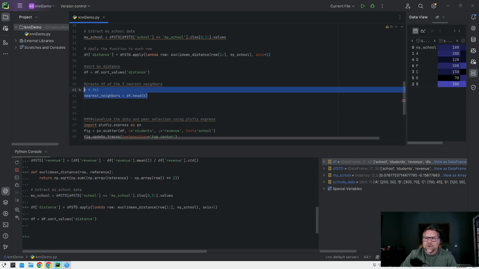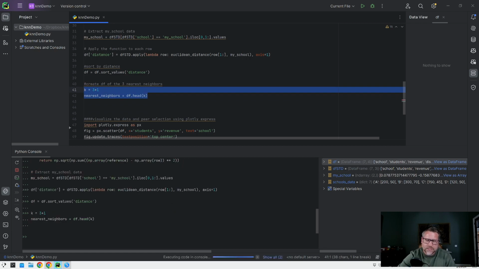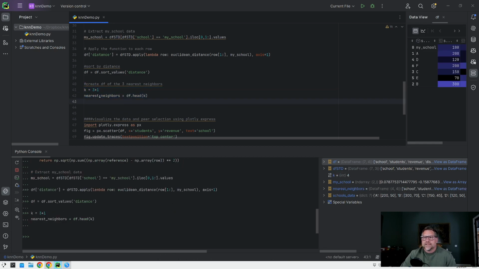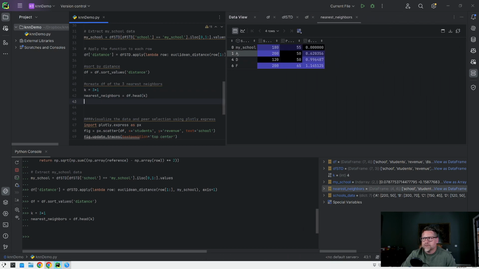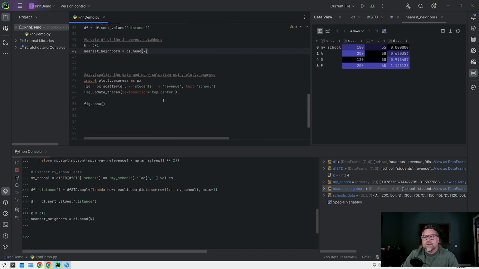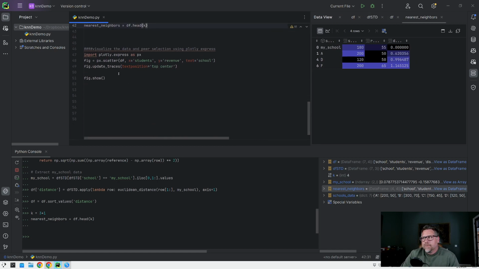So I'll keep the first 4 rows of data, and that's my nearest neighbor's data set. Here's my peer set that I could use for my benchmarking study. I'm going to use my school, and then school A, D, and F. Those are the closest peers to my particular school. So that's how it works. Really simple, of course. We pick 35 typically and roll with that and go ahead with our benchmarking.